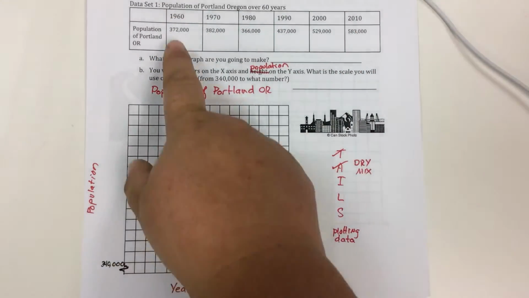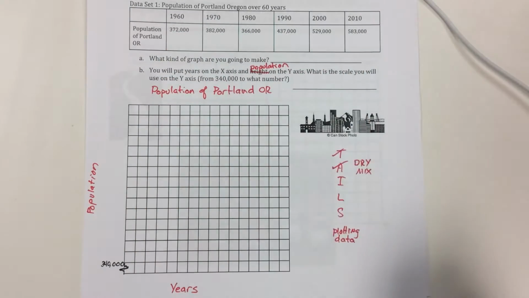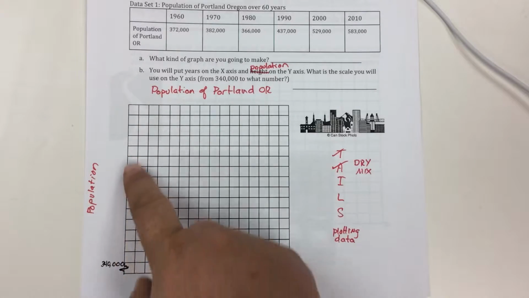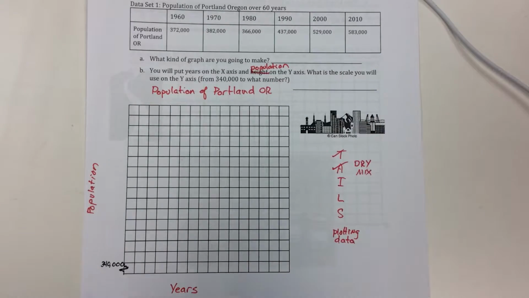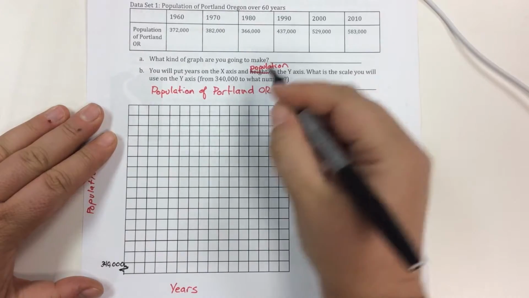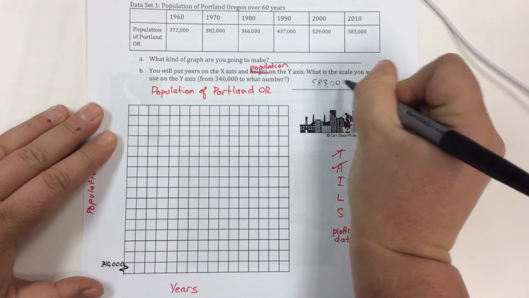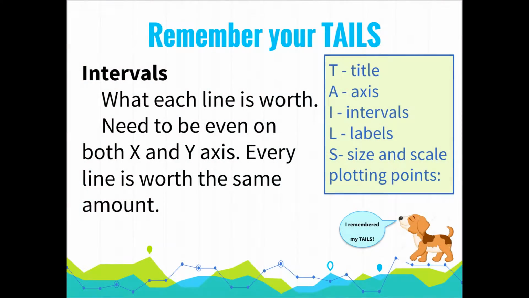And on the y-axis, it has to go from 372,000 to 583,000. So on the y-axis, the highest number has to be more than 583,000. So I know that my scale is going to go up to at least 583,000.